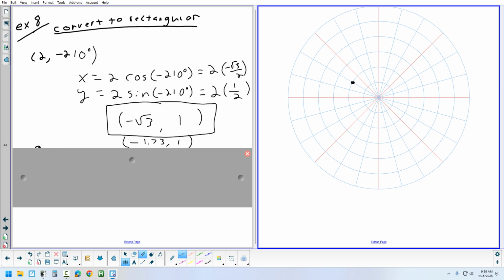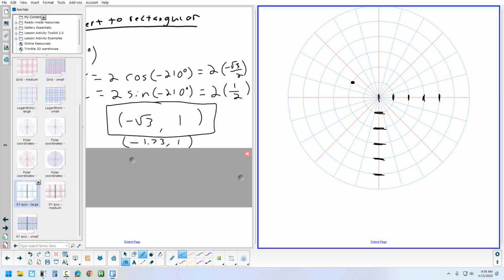So now, what I'm going to do is change the background behind that point. I'm going to change it to rectangular. And the background that I'm going to use is the same scale as the polar. The vertical lines will go through all of those tick marks, and the horizontal lines on the grid are going to go through those tick marks. If I did it right, it should look like this point is almost 2 units left and exactly 1 unit up.